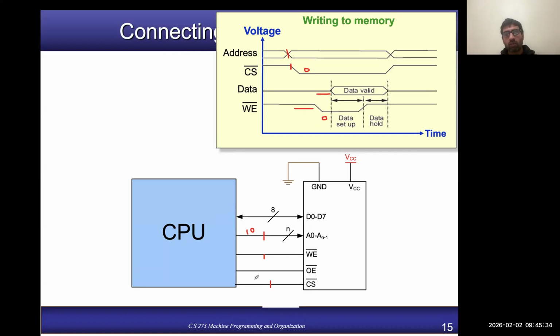Then you will drive 0 on the chip select, you will drive 0 on write enable, and then you will put the value of x here on the data bus. You need to wait for this period of time, data setup time and data hold time, and after that this value will be successfully written in location 10 within the memory. Okay.